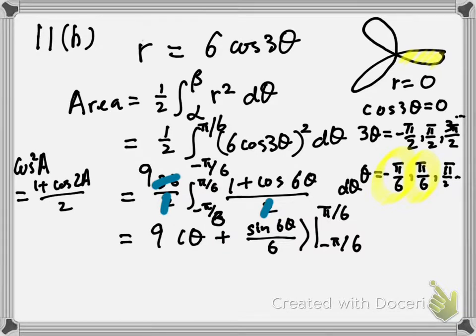If I substitute them, I get 9 times pi over 6 plus sine 6 times pi over 6, which is sine of pi, minus negative pi over 6. I keep writing pi over 2 when I mean pi over 6. So this is really pi over 6, not pi over 2.